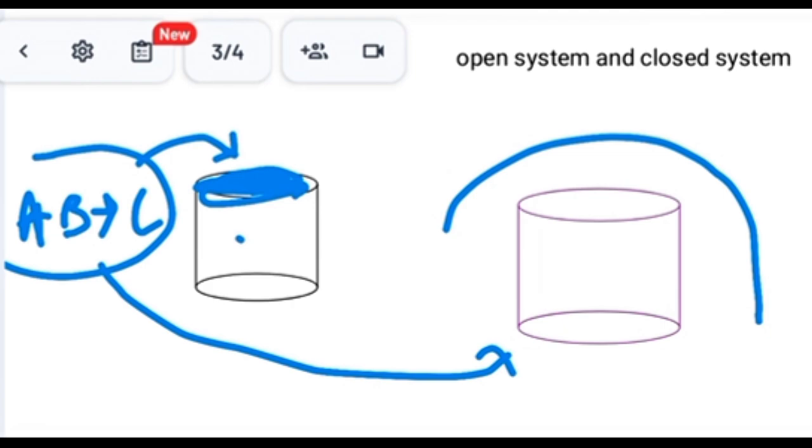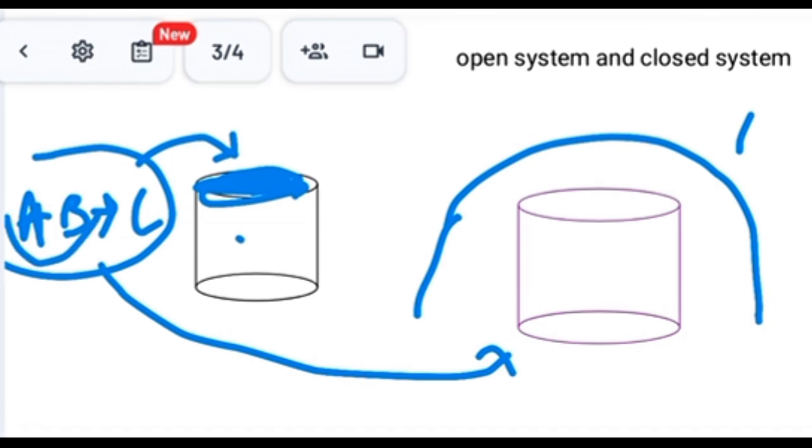So these are natural gases that are in the air, and what's going to happen is, since the container is open, it's an open system, those outside gases are going to interact with the reaction going on inside, and they're going to interact with the reactants, and they are going to affect the product. Okay, whereas in a closed system, they don't have any interaction with the outside environment. So this is just a reaction with those reactants. There is no other gas interacting with them.